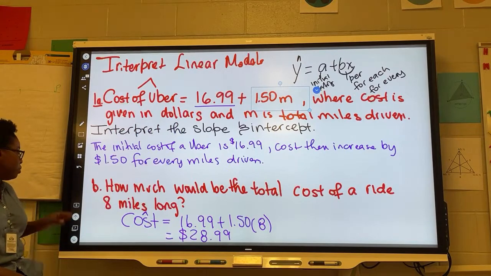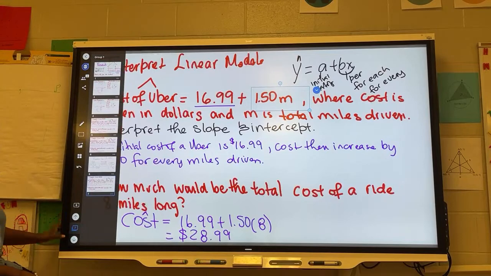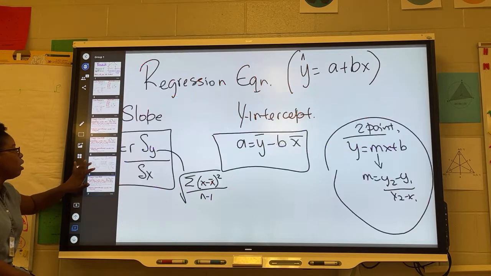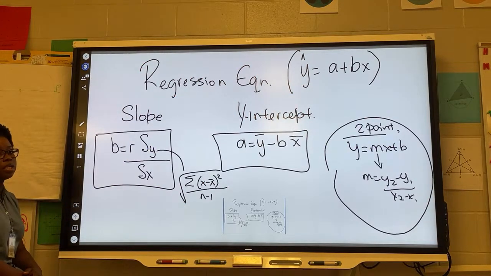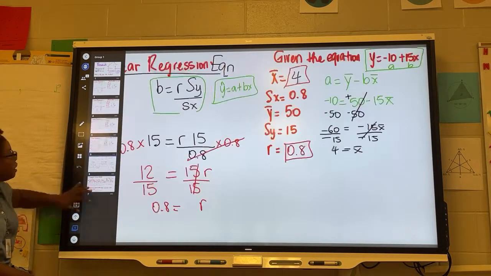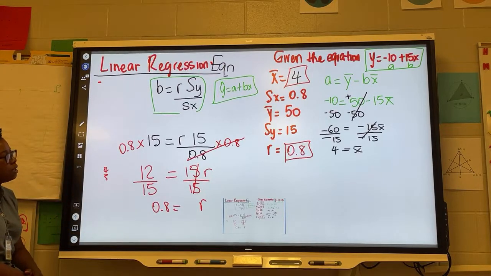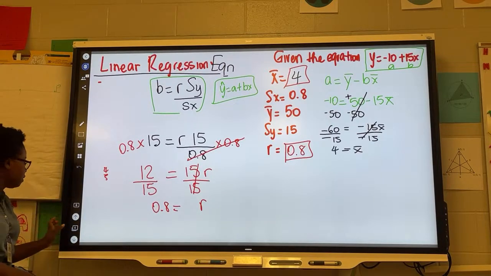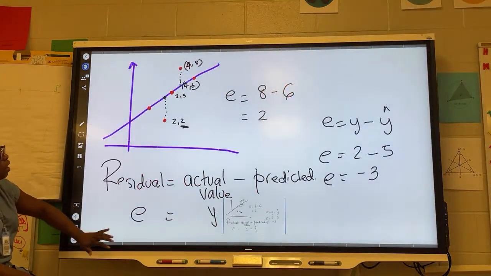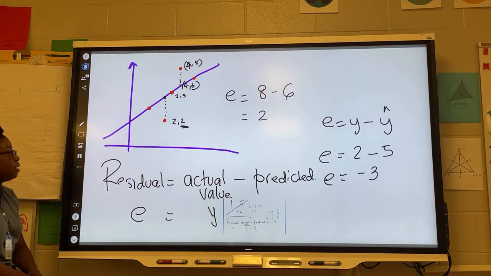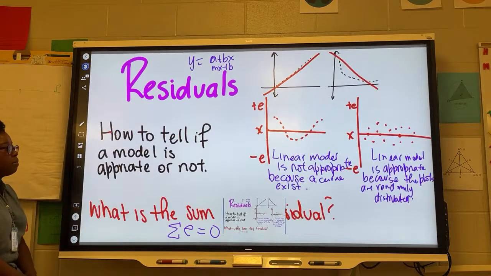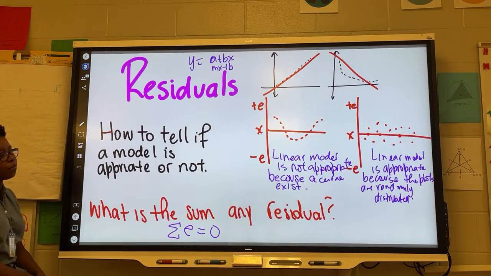And that's basically how you analyze and interpret the linear model, how you determine which equation to use when finding the slope and the intercept, how you find them using the algebra aspect of your prerequisite, how you find the residual using the given formula, and how you tell the sum of the residual and if the model is appropriate or not.